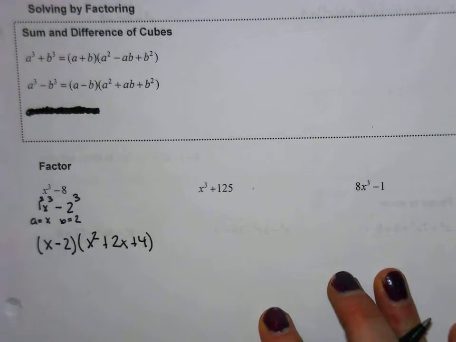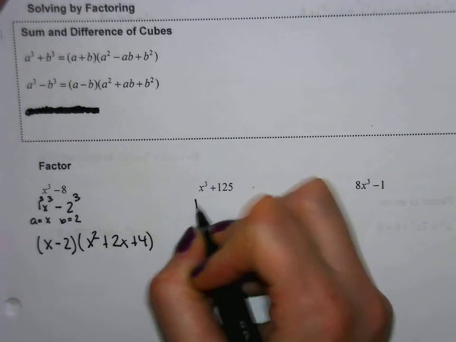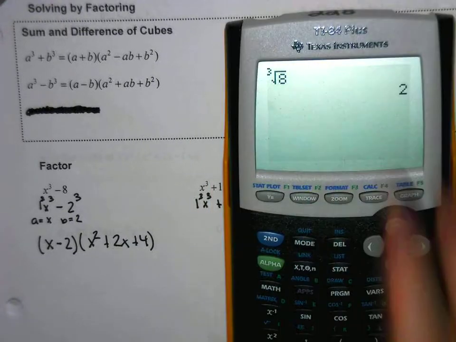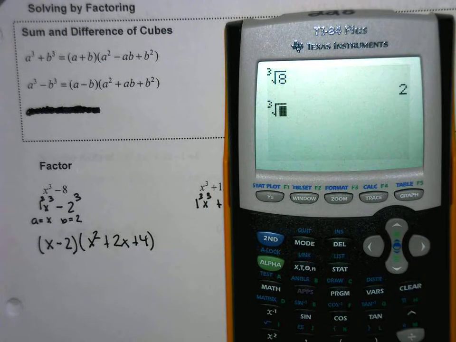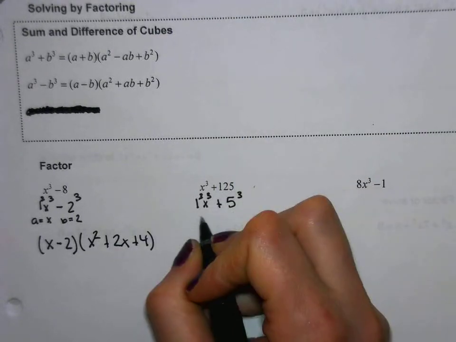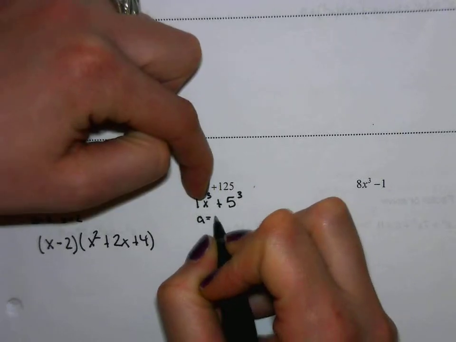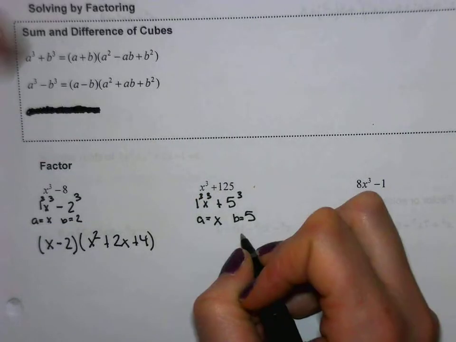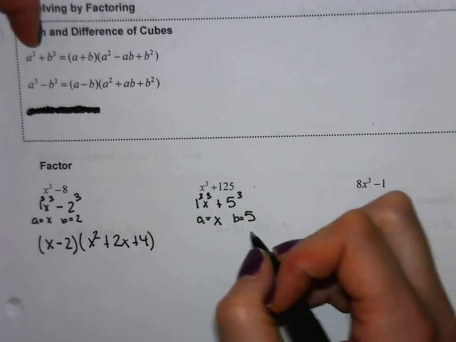So let's take a look at the second one. They'll have 1 cubed times x cubed, plus, what's the cube root of 125? Is 5, which is 5 cubed. So a equals 1x, which is just x, and b equals 5. So now we're using the sum.